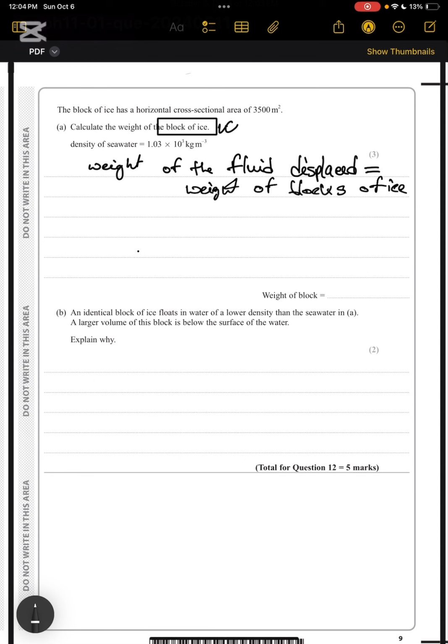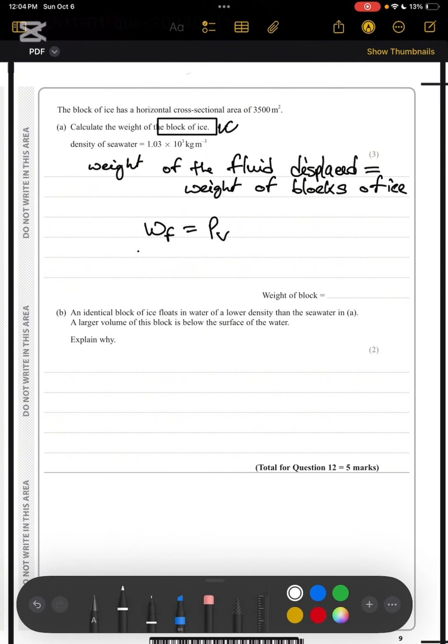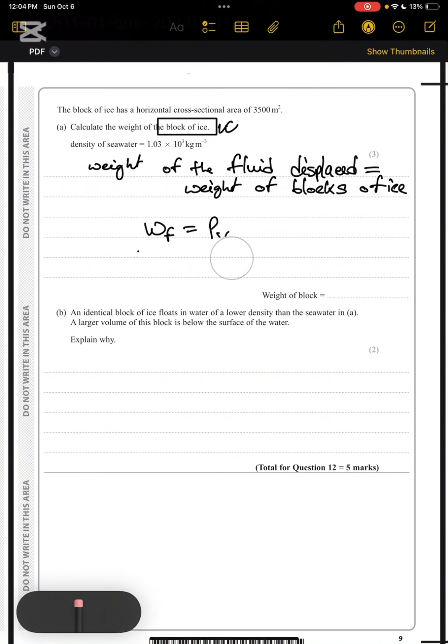So the weight of the block of ice will be the weight of the fluid displaced, which is equal to rho Vg, and the formula is the volume of the fluid.